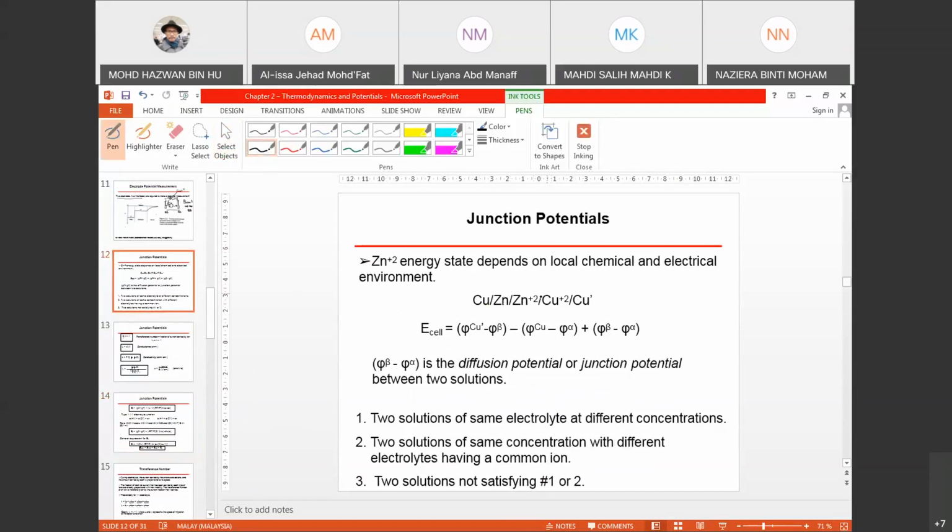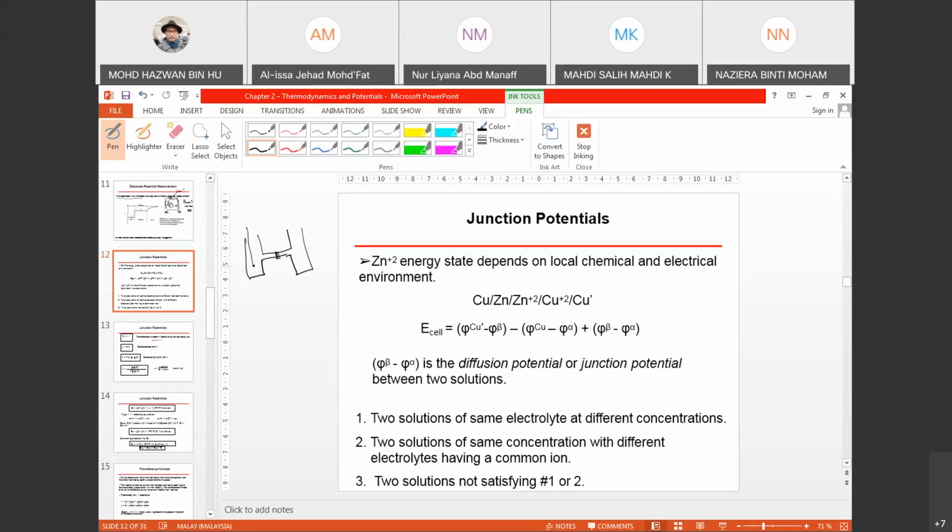Junction potential is basically a potential value produced in a junction in a capillary. You might have seen some experiments that use a bridge like this, or a capillary like this. Then there's a porous septum.